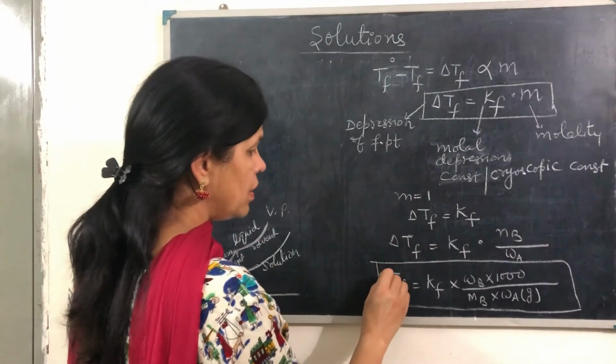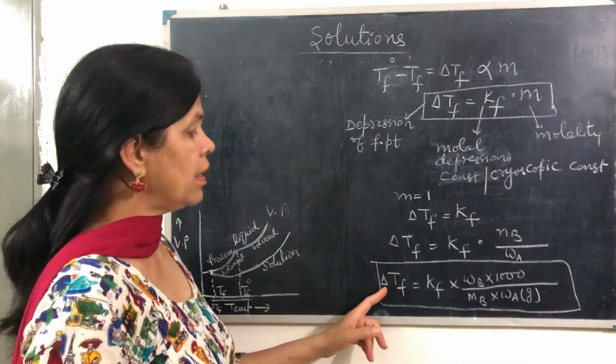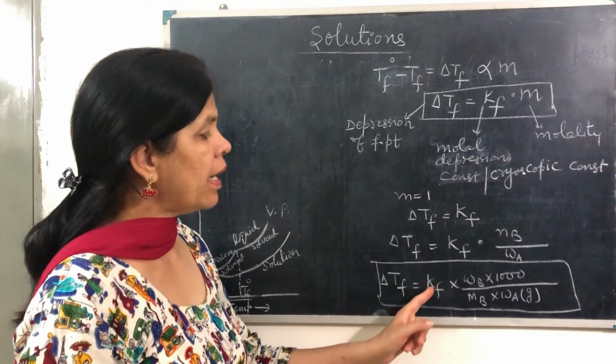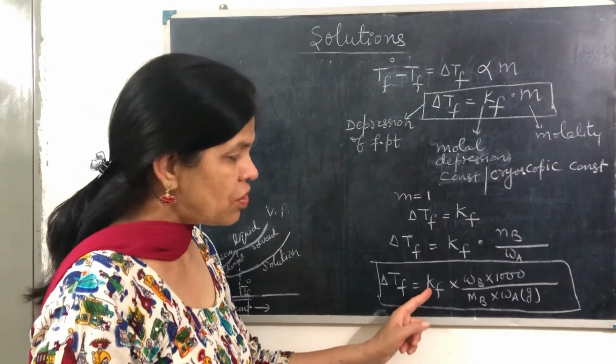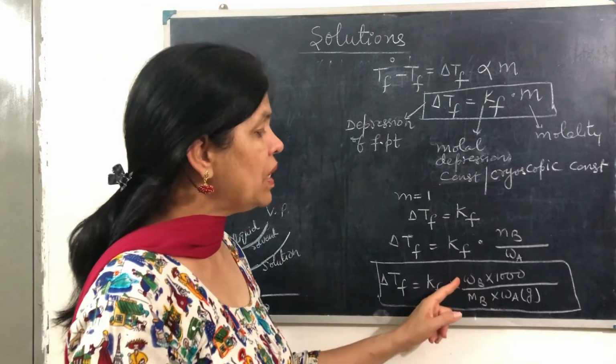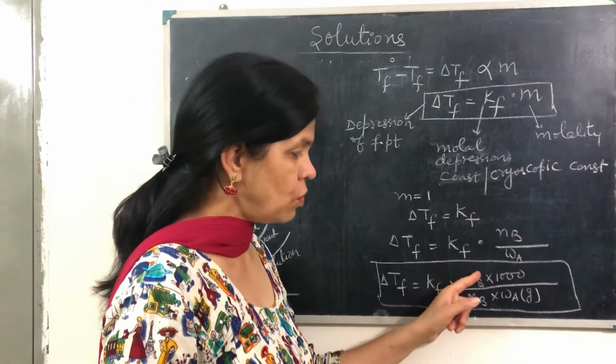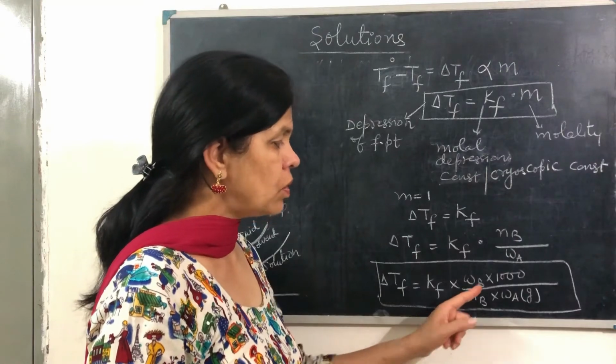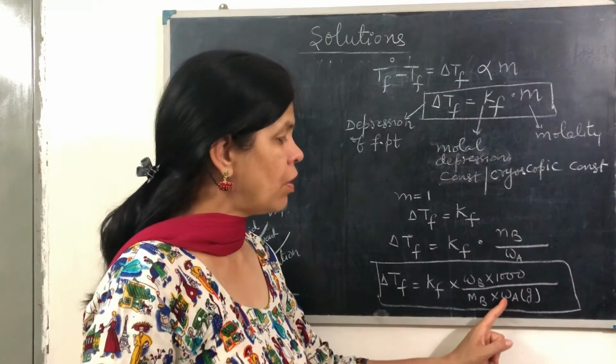Delta Tf is depression of freezing point of solvent. Kf is molar depression constant. Wb is the given mass of solute. Mb is molar mass of solute. Wa is given mass of solvent.